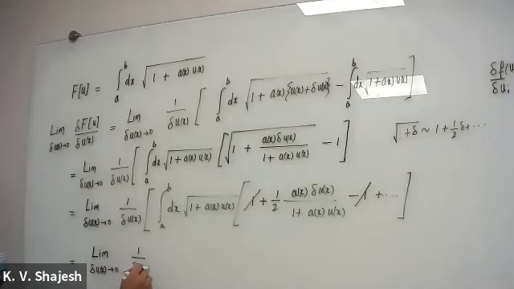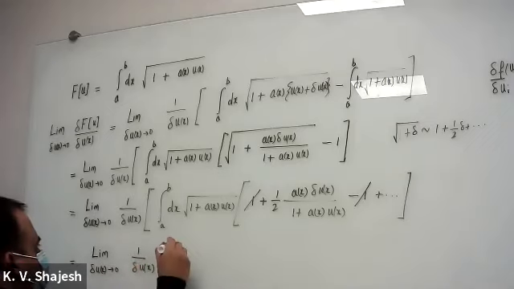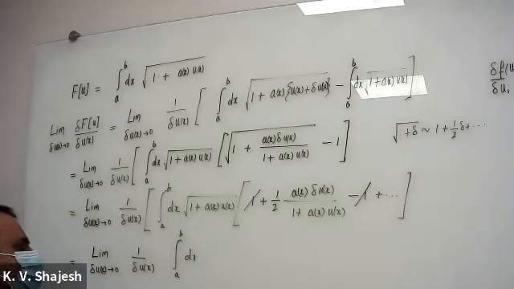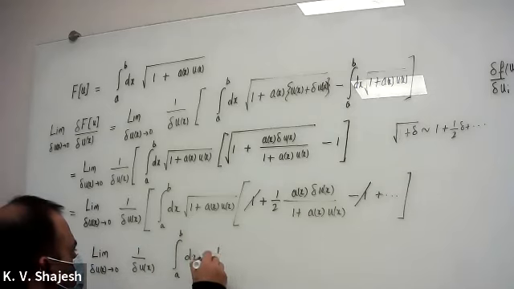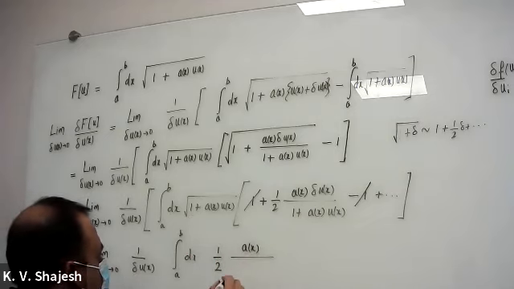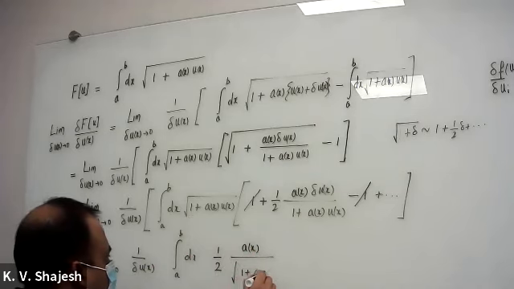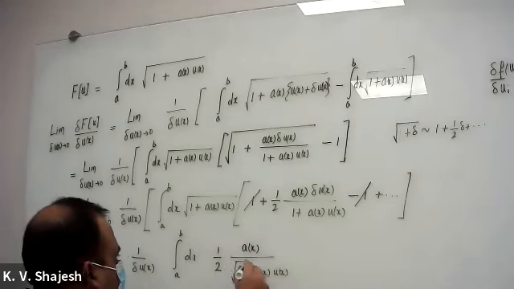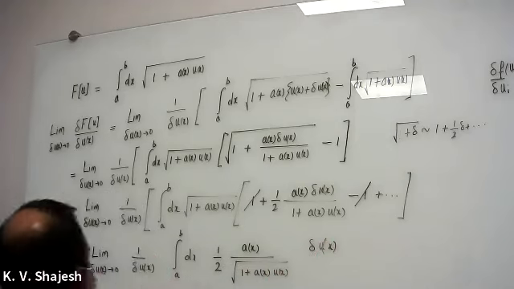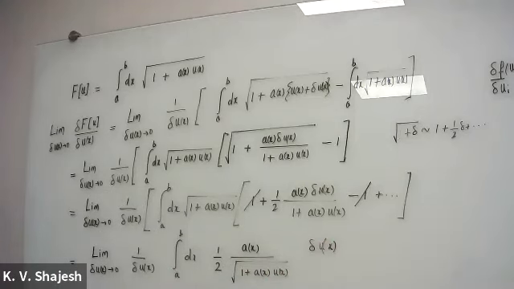So this is 1 over delta u of x, and this is integral a to b dx. In the numerator there is 1 plus a x, in the denominator there is a factor of 1, so 1 minus 1 by 2 comes in. So this is 1 by 2 of a of x divided by square root of 1 plus a of x, u of x, and that is delta u of x. Oh, I should be careful. There is something you could have objected to right away.